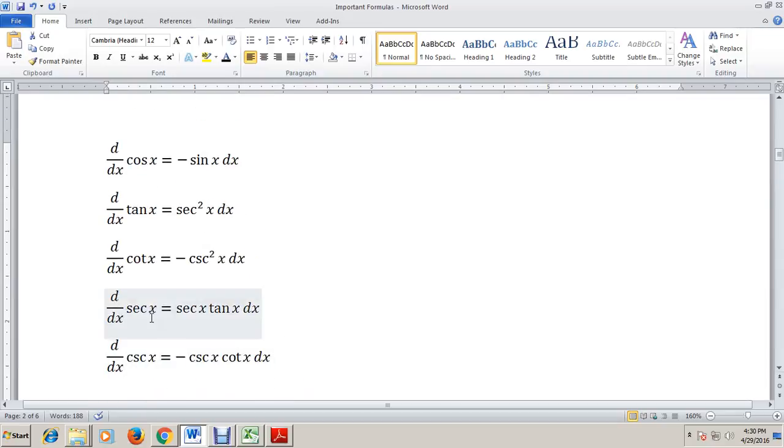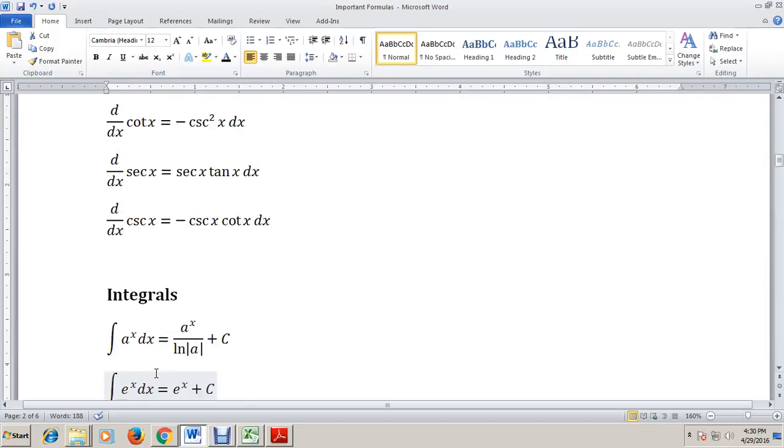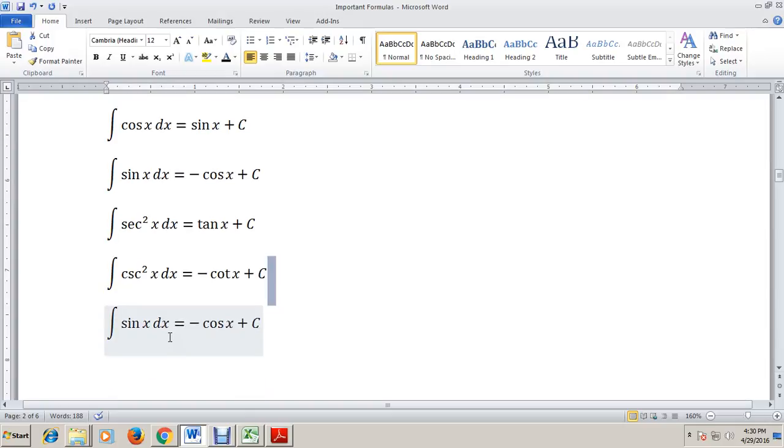Okay, so for the last two, we have the integral of secant x. The derivative of secant x is secant x tangent x. So therefore, if we're going to reverse the process, we're going to integrate secant x tangent x, we should get secant x. Okay, so I'll be including that in the list.